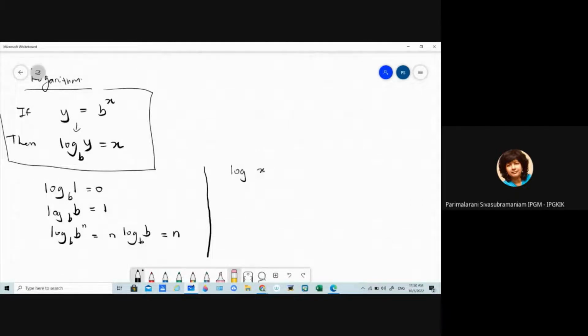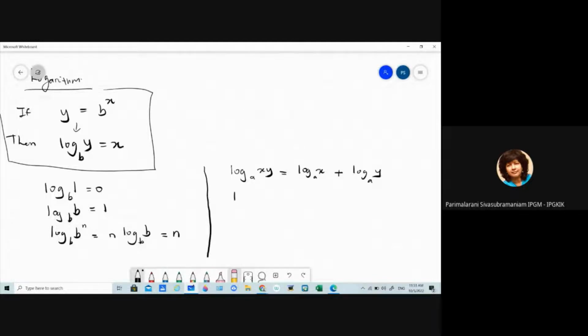Log xy base a, this base can be anything here. Log xy base a, we can expand this as log x base a plus log y base a. So this can be expanded like this, only if it's multiplied here.